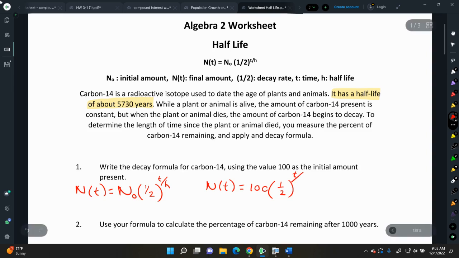So far, this formula looks just like my formula for exponential functions, doesn't it? There's a, there's b, there's x.